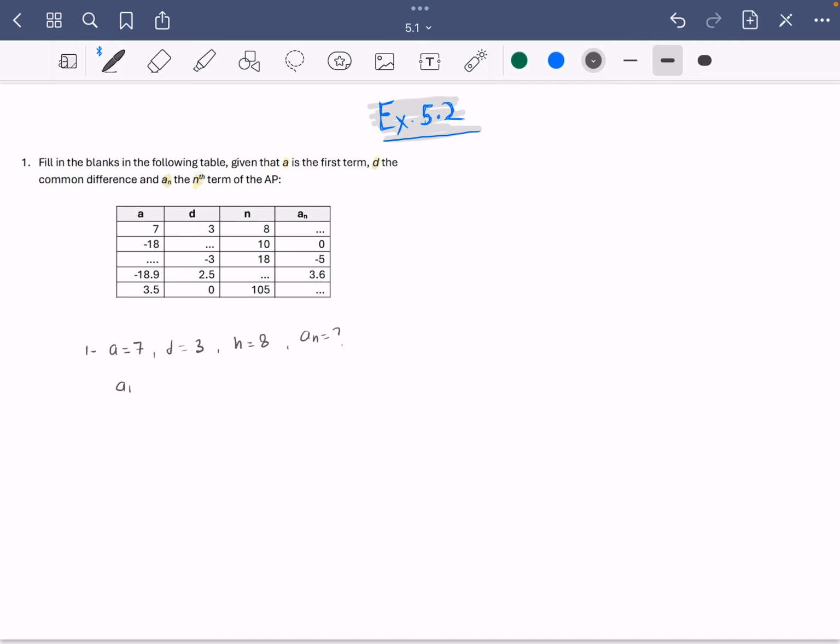AN is A plus N minus 1 times D. So the 8th term here, A8, because N is 8, is going to be 7 plus 8 minus 1 times 3. 7 plus 7 times 3, which is 7 plus 21, is 28. So AN is going to be 28.